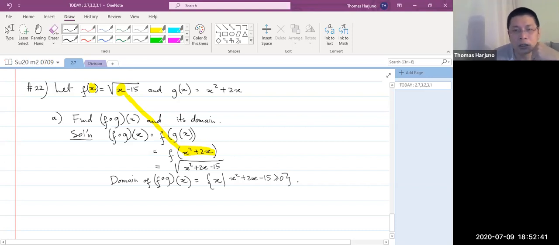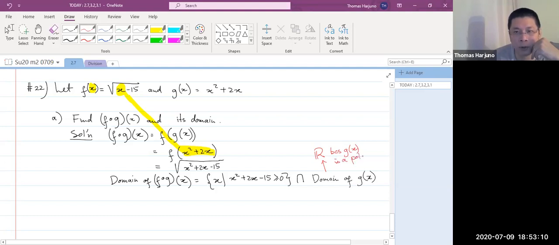Now intersect with the domain of g of x. But g of x is a polynomial, such that the domain is all real numbers.